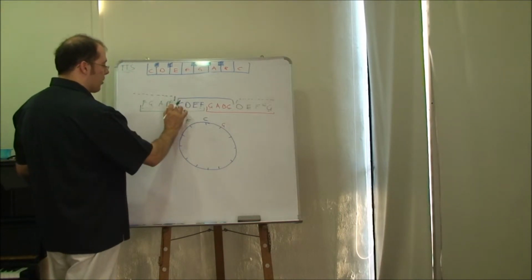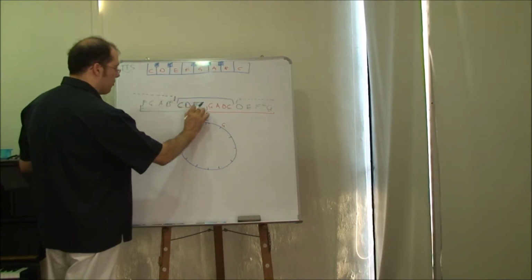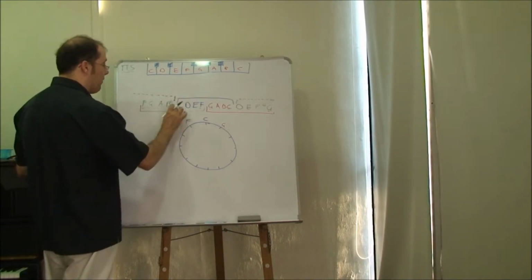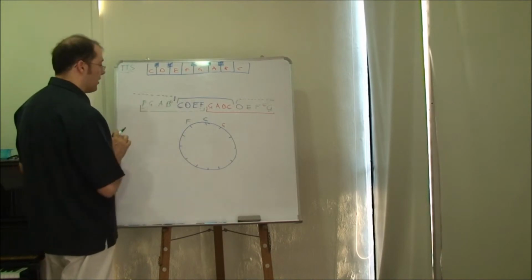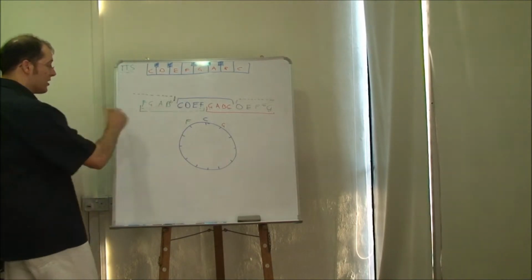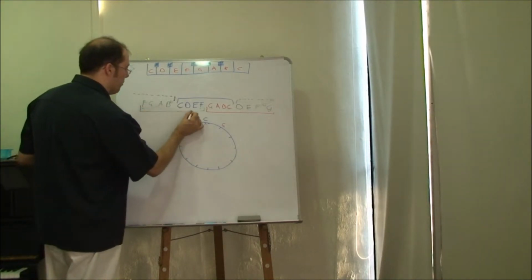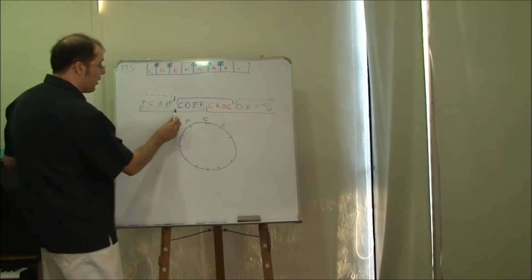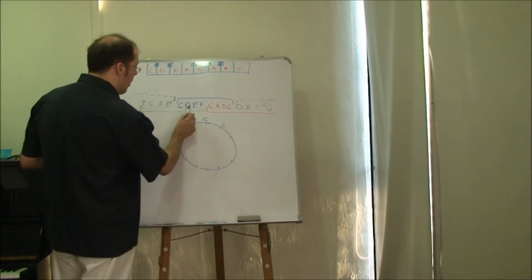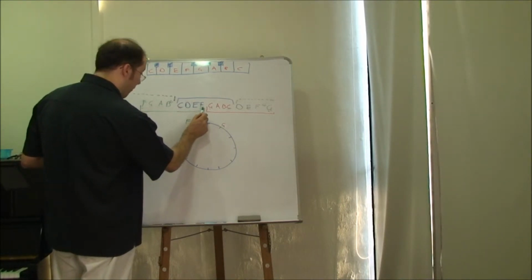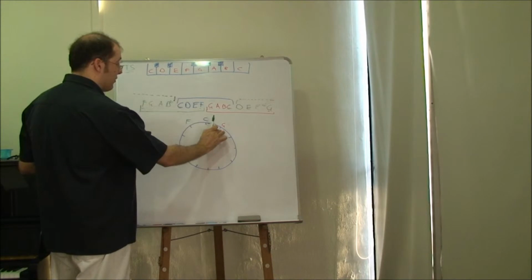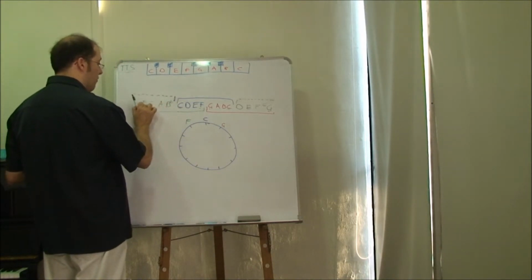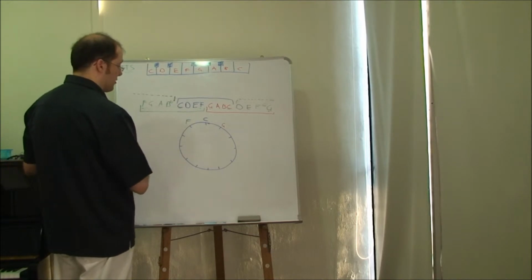But that's the same as going 1, 2, 3, 4. So F is the 4th note going up, and F is the 5th note going down. We'll discuss this a little bit later when we do intervals. That's the basic thing. So in other words, 5 notes up, 1, 2, 3, 4, 5 gets us over there, and 5 notes going that way, 1, 2, 3, 4, 5 gives us that one.